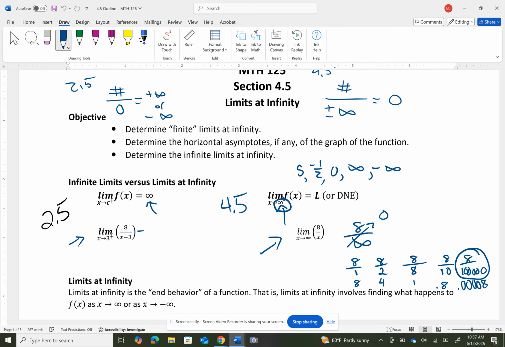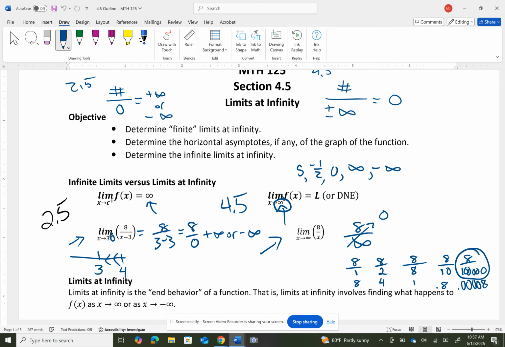The other one, that number over 0, was what's happening with a question like this one. This would be 8 over 3 minus 3, which is an 8 over 0. So we talked about how at that point you know it's either positive infinity or negative infinity, and you've got to think about which one. So that's when you look at how you're approaching 3 from the right.